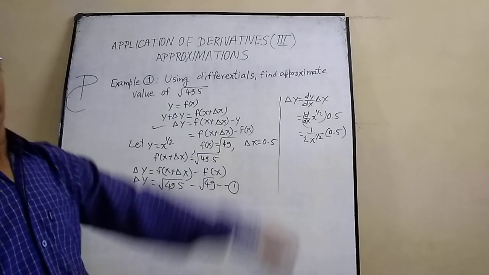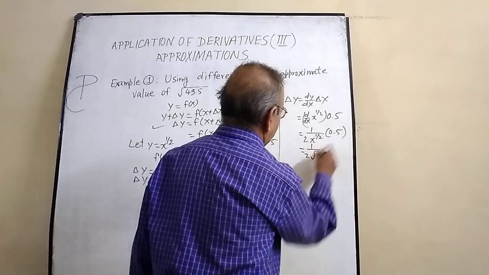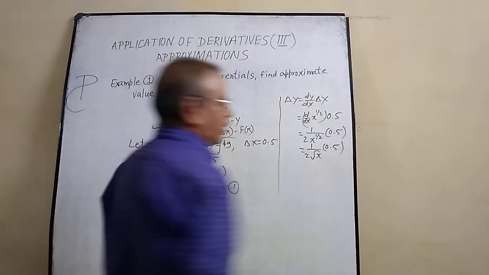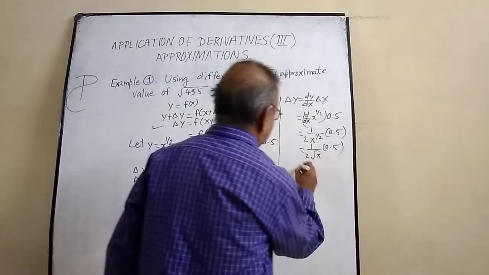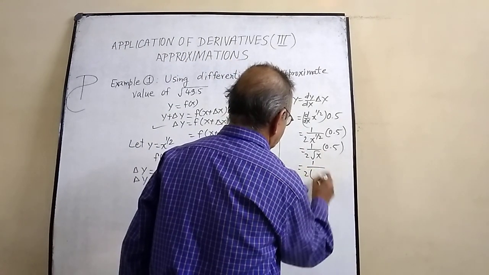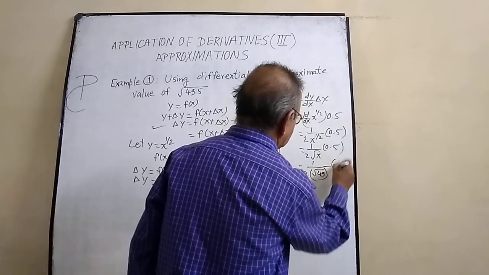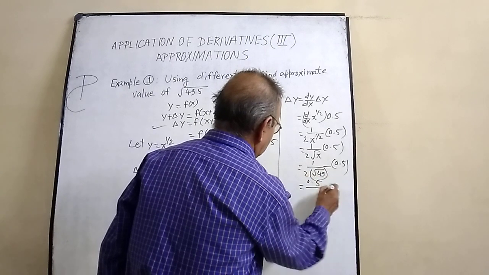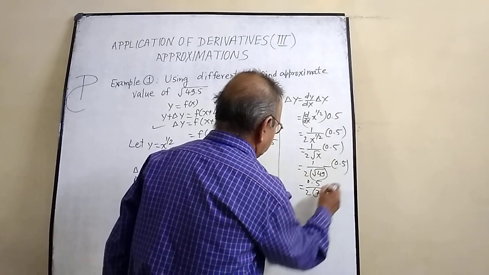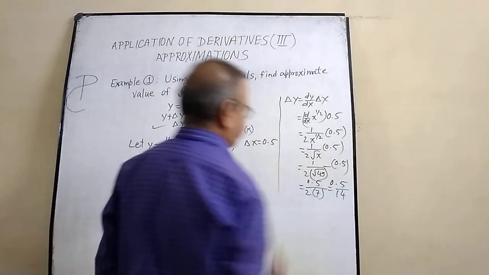This we write as 1 by 2 under root of x, times 0.5. What is the value of under root x? Under root of 49 is 7, so we have 0.5 upon 2 into 7, so 0.5 upon 14.